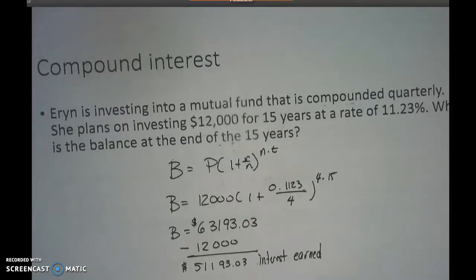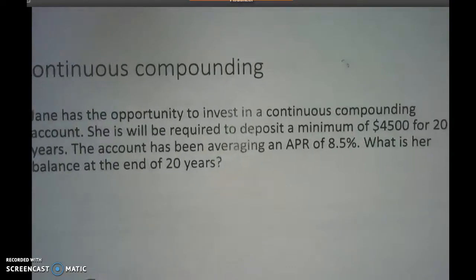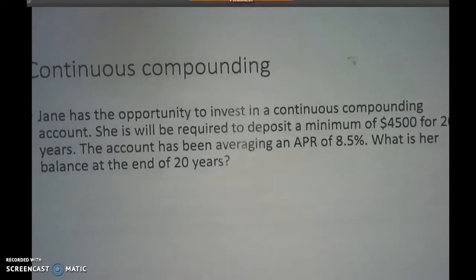Okay, so this is continuous compounding. Jane has the opportunity to invest into a continuous compounding account. She'll be required to deposit a minimum of $4,500 for 20 years. The account has been averaging an APR of 8.5%. What is her balance at the end of 20 years?